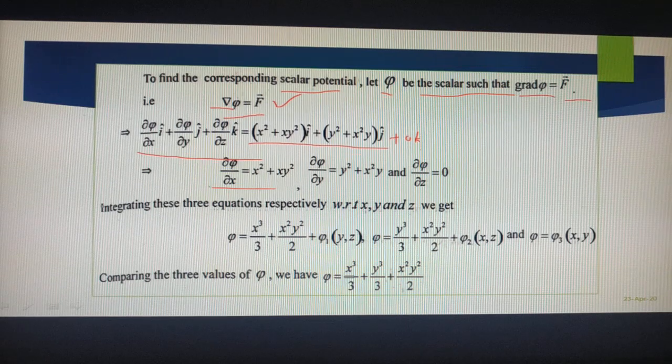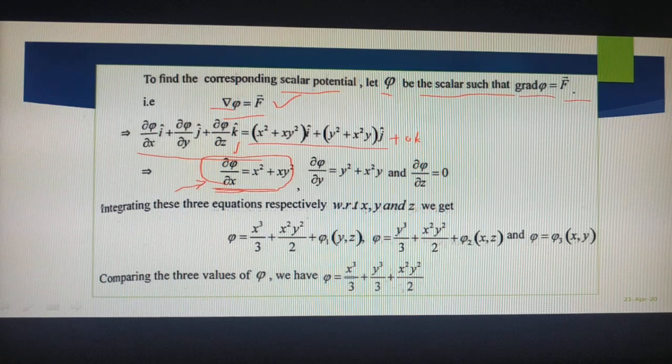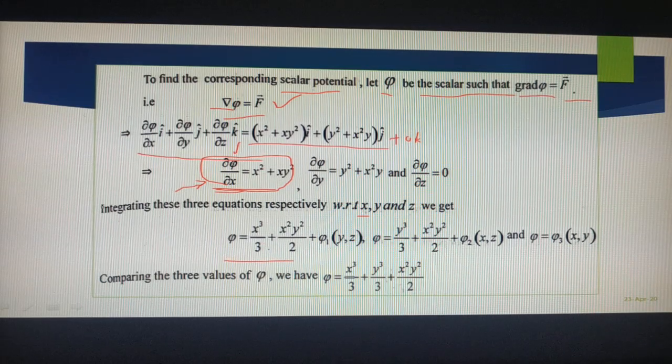When you are integrating the first one, see, dou pi by dou x is there. So when I integrate with respect to x, the differentiation and integration get cancelled and I will get the pi function here. Integral of x square is x cube by 3.